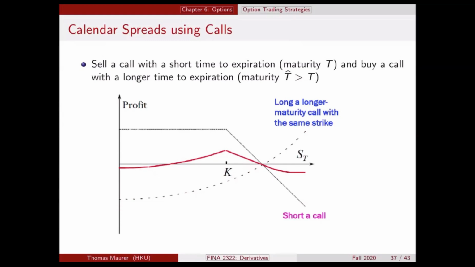Combining these two positions gives you again a tent-shaped picture which is similar to a butterfly spread. Again, you lose money if the price of the underlying decreases sufficiently or increases sufficiently, and you make money if the price of the underlying doesn't move much and stays close to the strike price K.